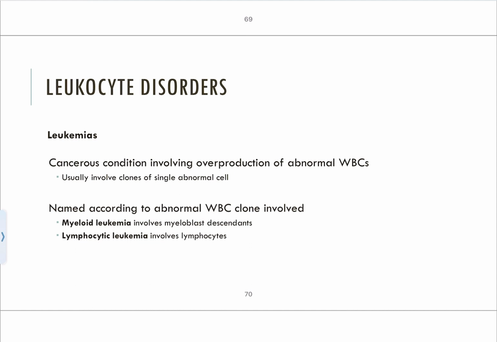So our other 4 leukocytes, if we have some sort of abnormal production of them, would be occurring from our myeloid leukemia. So our neutrophils, our basophils, eosinophils, and our monocytes would all be referred to as myeloid leukemia. If we're talking about our lymphocytes, it's specifically lymphocytic leukemia.